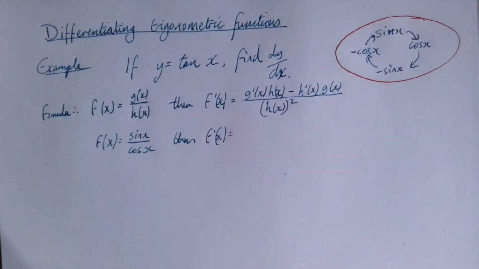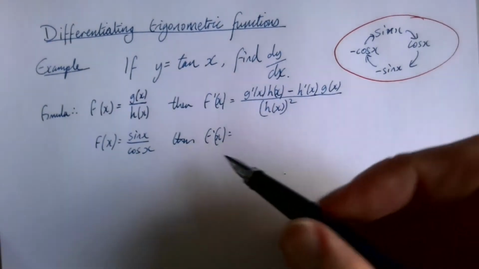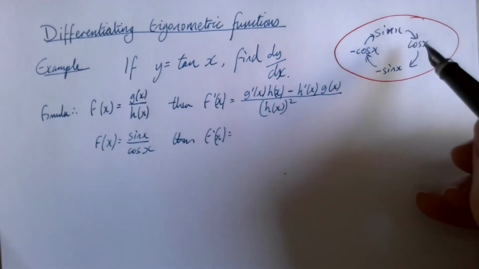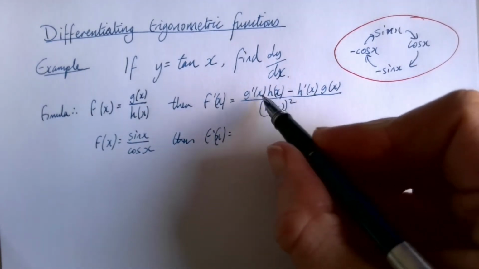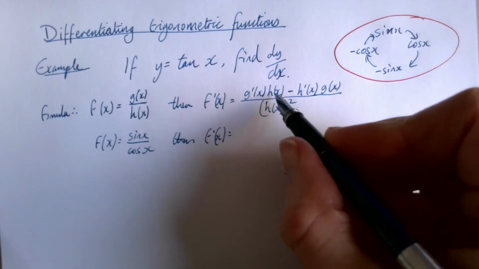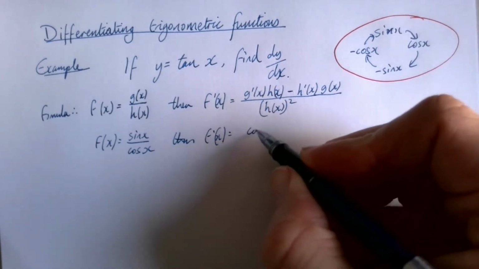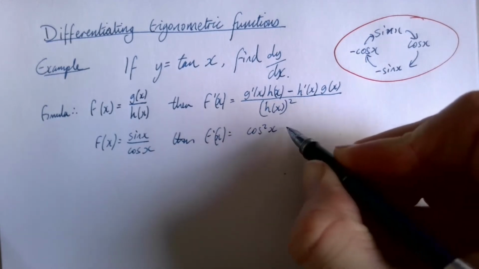Keep that there. Meaning that our sine x differentiates to cos x, and we're going to times cos x by what's on the bottom, which is cos x. So that's going to give us cos squared x for that one.